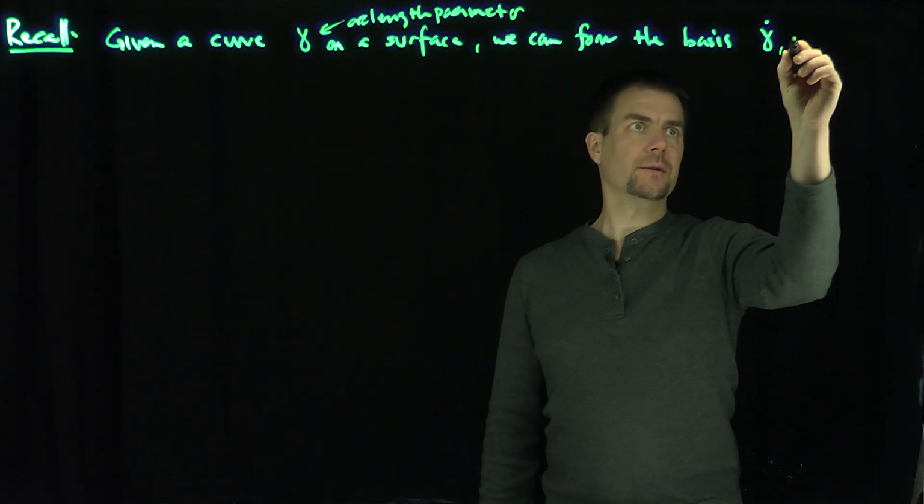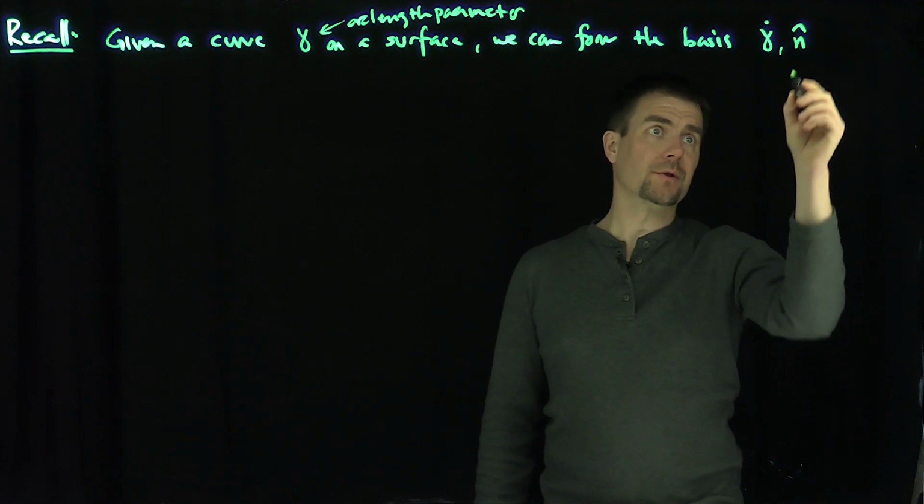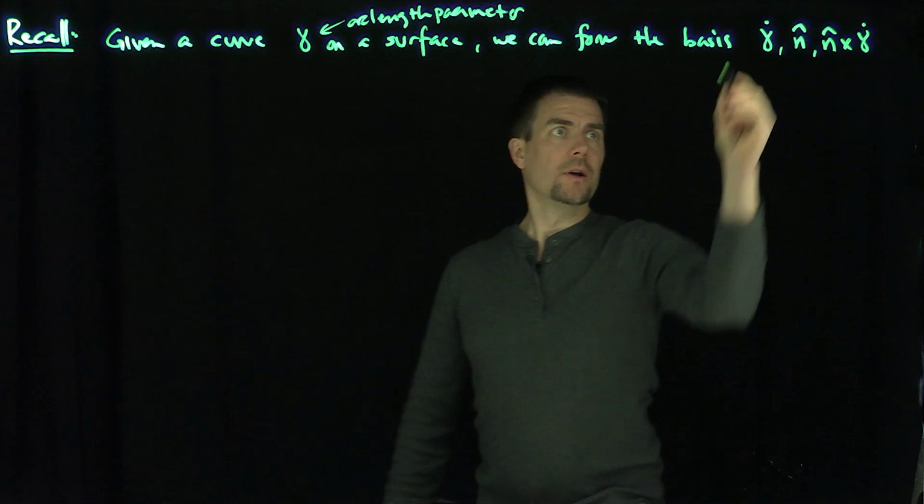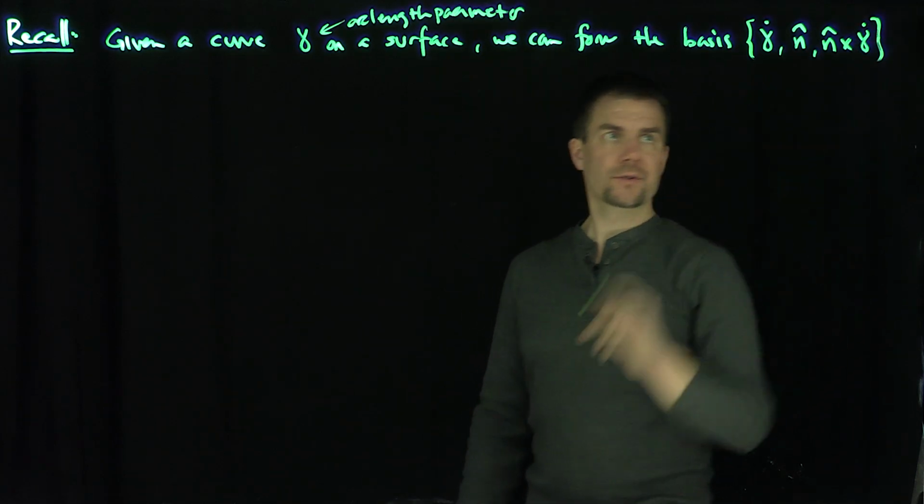What's our gamma dot? And the unit normal vector of the surface, and then n hat cross gamma dot, right? That is a basis of three-dimensional space on the surface.